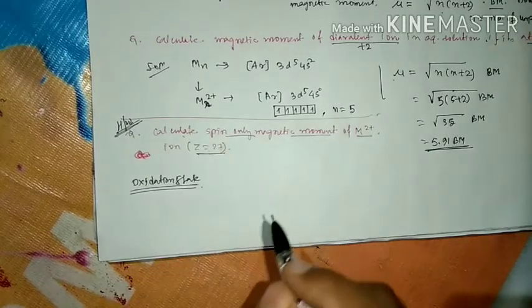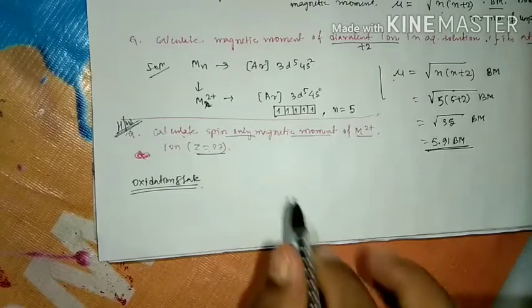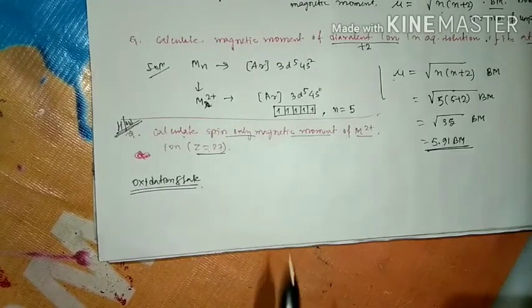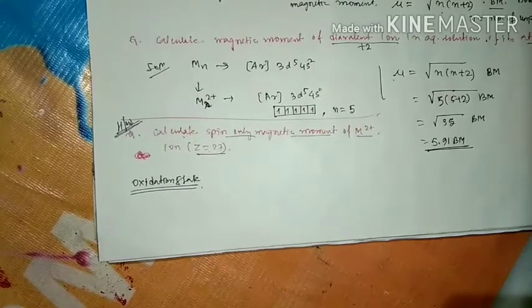Transition metals show variable oxidation state due to the tendency of d as well as s electrons to take part in bond formation. The highest oxidation state is equal to the total number of s electrons as well as the unpaired electrons in d orbitals.